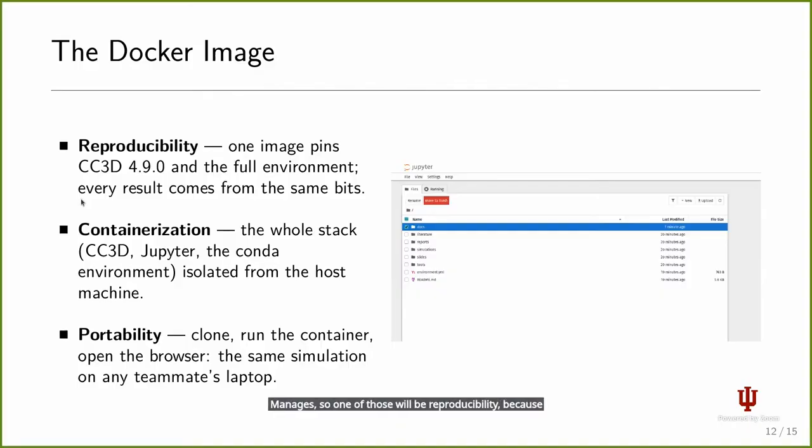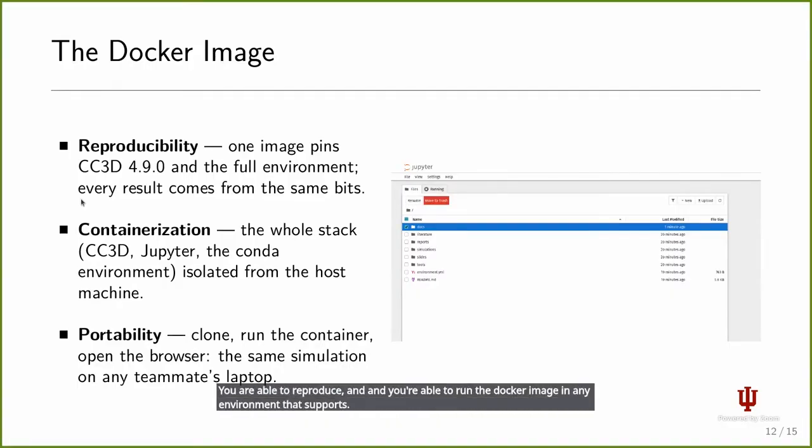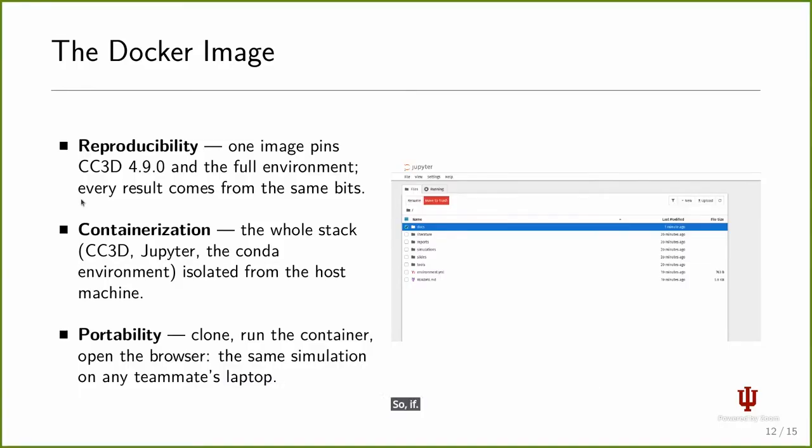you're able to run the Docker image in any environment that supports Docker. Docker is kind of like a virtual machine, so you're able to reproduce the same image on different environments.